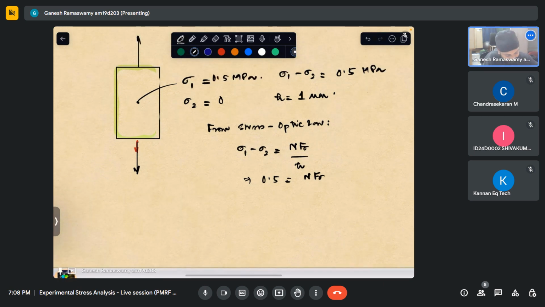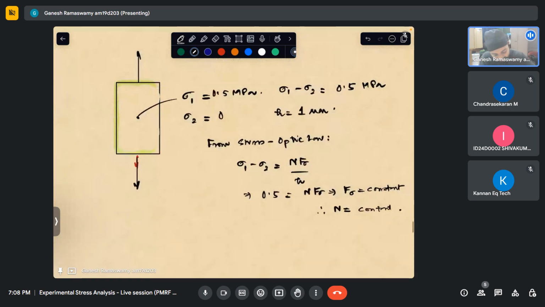So when f sigma is constant, therefore n is constant. So I will just see a uniform color throughout. That is what I anticipate to see. In a white light setting, I'll see a uniform color.